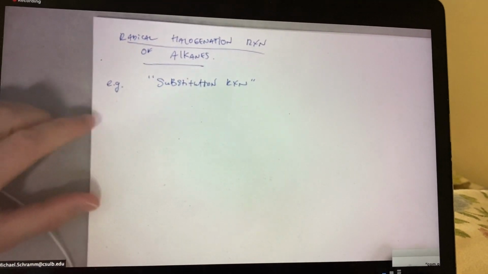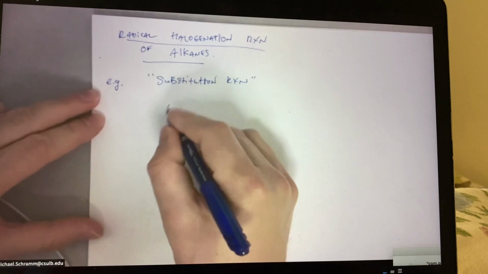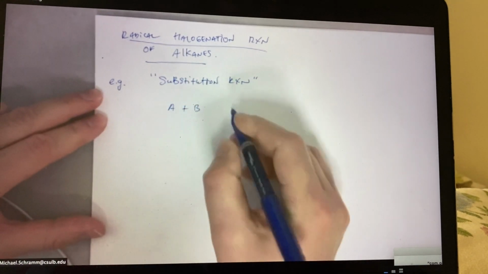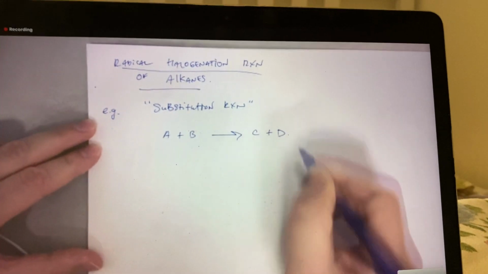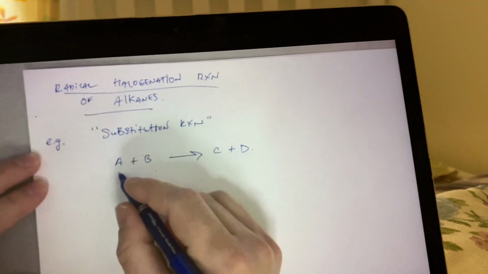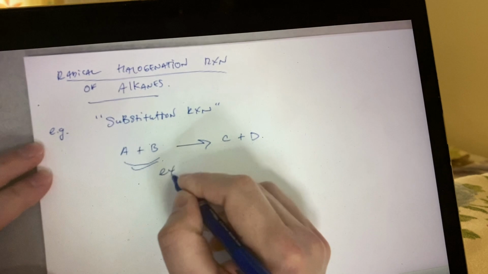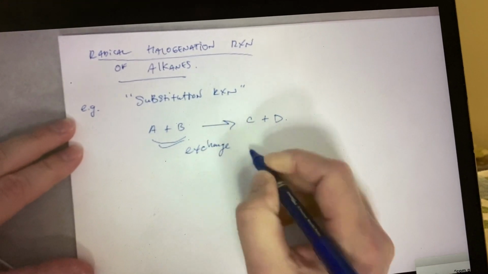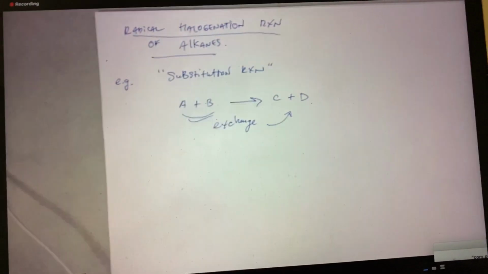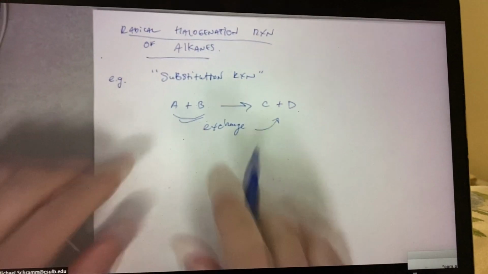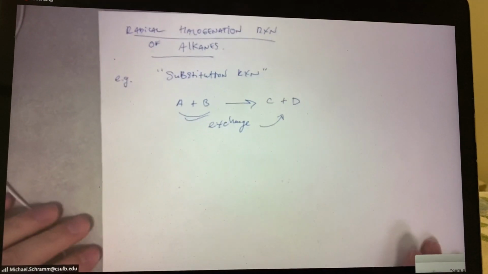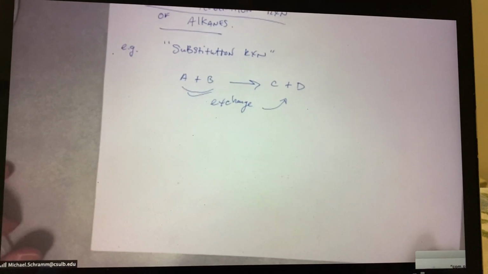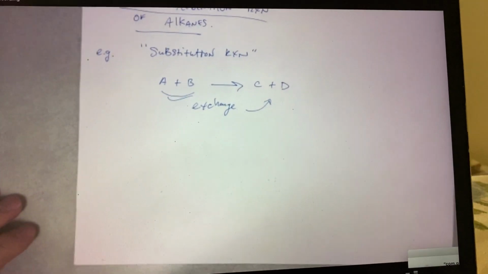But a substitution reaction, the most basic fundamental way we look at it, is A plus B gives things like C and D, where parts of A and B exchange with one another and make something new. So parts of A and B switch places and we get new things. We call these C and D. In the most basic terms, it's called a substitution reaction.